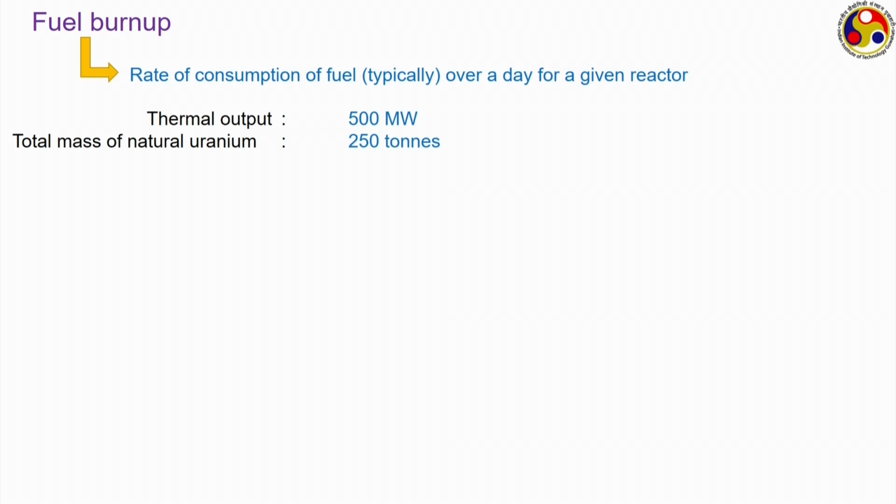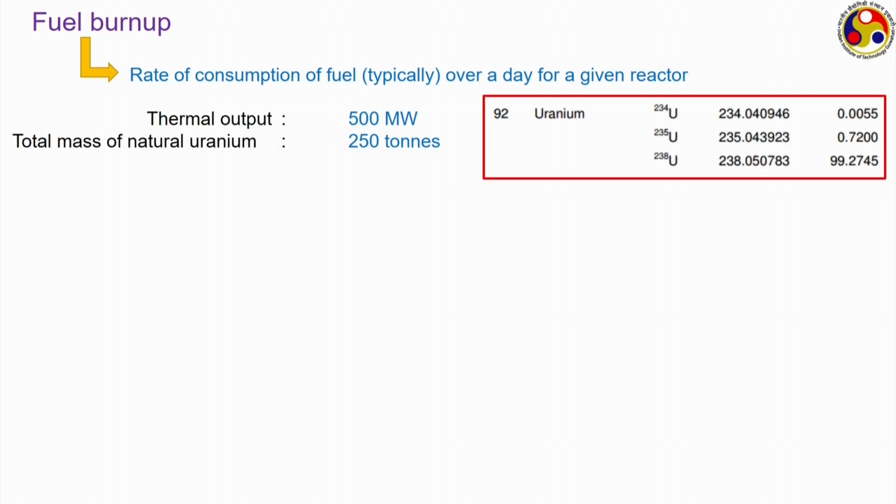We are considering a reactor which is giving 500 megawatt of output, and it has initially been loaded with 250 tons of natural uranium. Now, if you remember, natural uranium basically comprises 3 different isotopes, primarily uranium 238, which comprises more than 99% of this. But uranium 238 is a fertile isotope, so it does not undergo fission, at least when it is subjected to thermal neutrons.